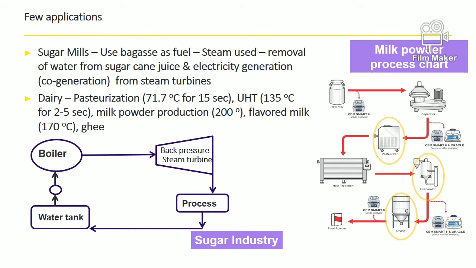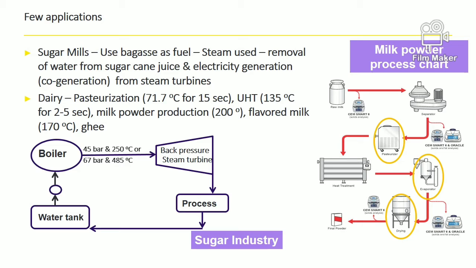Next few applications include sugar mills. They use bagasse as a fuel. The steam is typically produced at 45 bar and 250 degrees centigrade or 67 bar and 485 degrees centigrade.